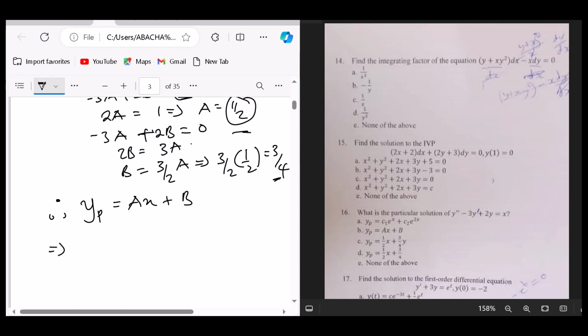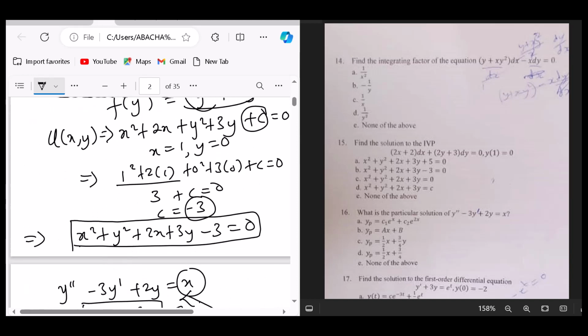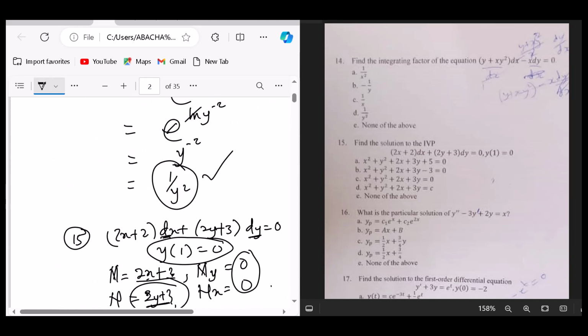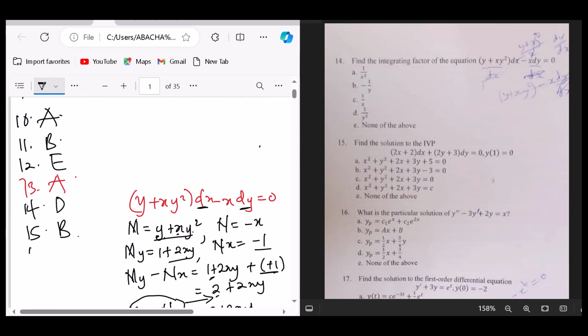So this implies that y of p is equal to half x plus 3 over 4, and this is the answer. And when you go, the answer there is D. So question 16, the answer is D.